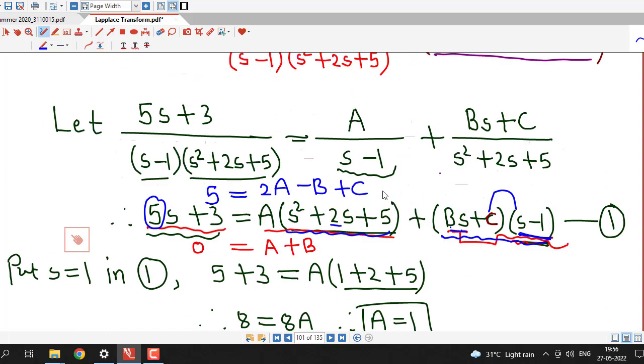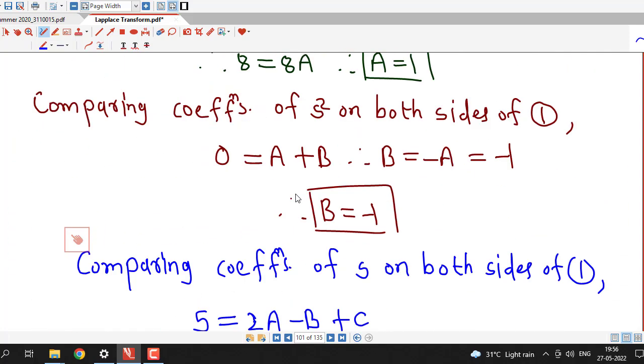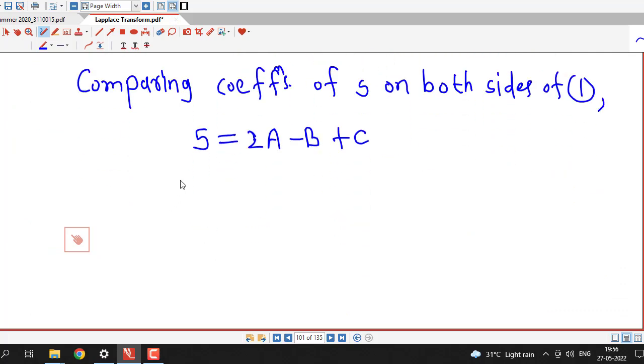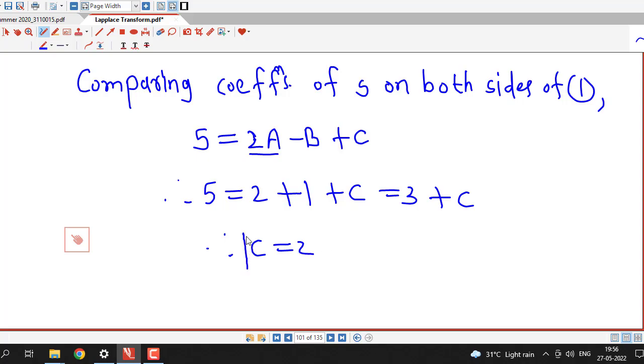Let me check again. 5 equal to 2a minus b plus c. A is 1, b is minus 1. Therefore 2a equal to 2, b is minus 1, therefore minus b is 1, plus c. So this is 3 plus c, therefore c equal to 5 minus 3, which is 2.